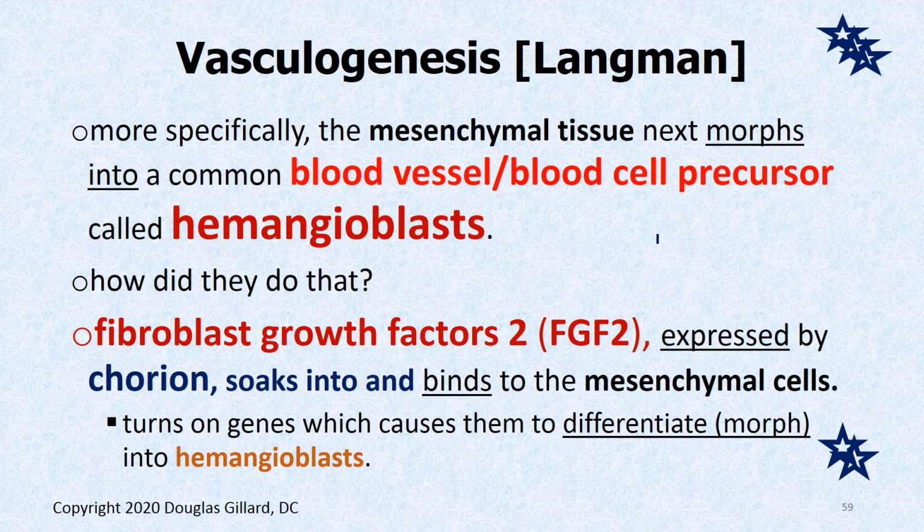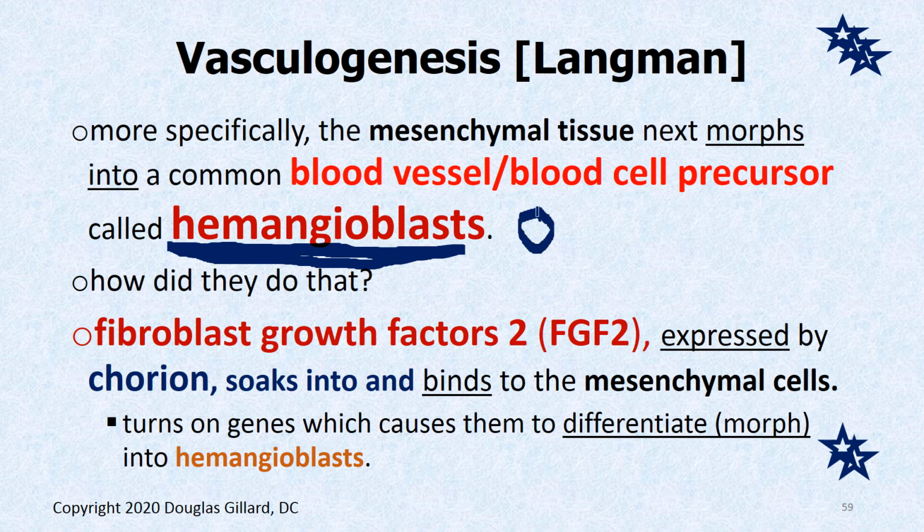More specifically, mesenchymal tissue morphs into blood cell precursors and blood vessel precursors called hemangioblasts. We'll do a little bit of molecular biology. We know that something called FGF2, fibroblast growth factor 2, which is expressed from cells of the chorion itself, soaks into those mesenchymal cells and tells them to morph into hemangioblasts, which are kind of like a mesenchymal cell, even a little more limited though, because hemangioblasts can only make two things.